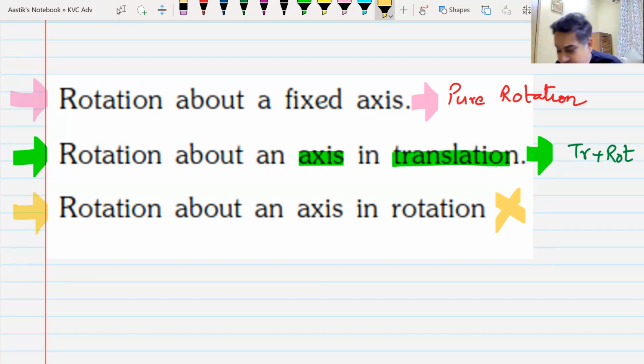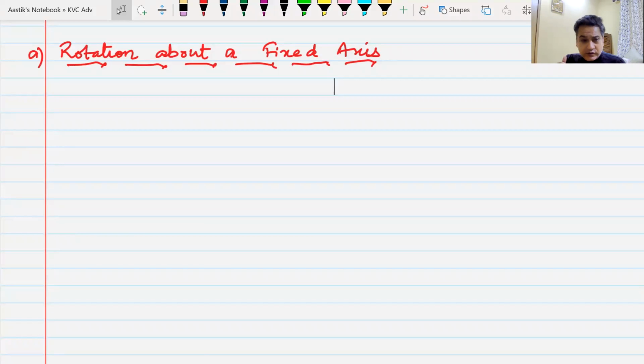So now we come to rotation about a fixed axis, and that is what we had seen. This is in fact your pure rotational motion. Now, can you give me an example of pure rotational motion, my dear friend? Giant wheel, sir.